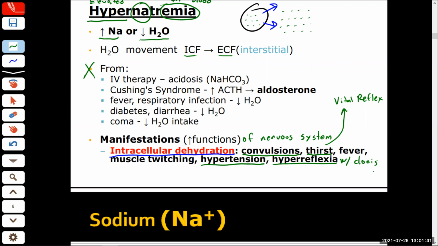You smack it again, it kicks out higher. As it comes back, it starts ringing. This clonus is ringing. That is a sign of hypernatremia. So I'm just writing ringing.